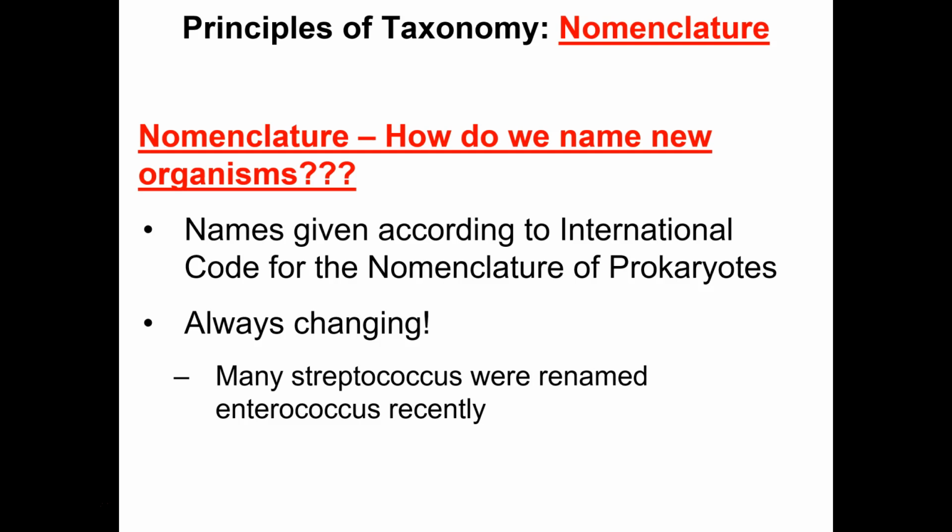Well, these days, when we have a new organism, generally the name is debated upon and naming is given according to the International Code for the Nomenclature of Prokaryotes. Basically, a bunch of experts in the field set the rules for deciding what names we're going to give out. Sometimes we still give out fun names or we name it after a scientist, but not always.